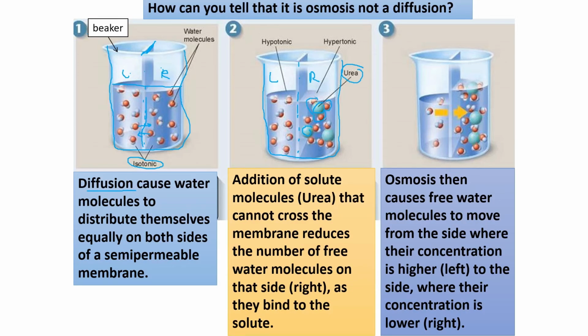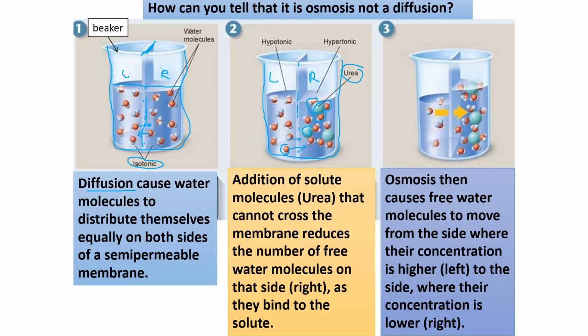So what happened now? The concentration of the water on both sides is different. We have more free water molecules on the left compared to the free molecules on the right side of the beaker. And because this membrane is semi-permeable, urea cannot move to the left side, but water can, and it will move.